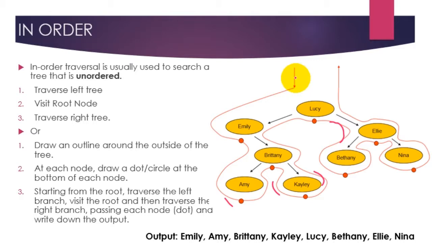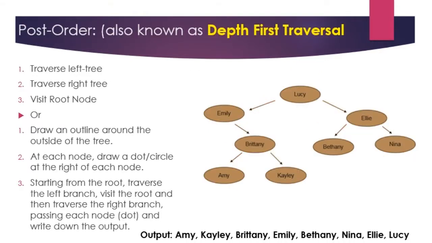Now I'm going to show you how to do post-order traversal. So let's have a look at post-order traversal, which is also known as depth first. So in post-order traversal, you traverse left, then right, and then you visit the root node. Or even easier is to put circles on the right-hand side of each of the nodes that you have in your tree.